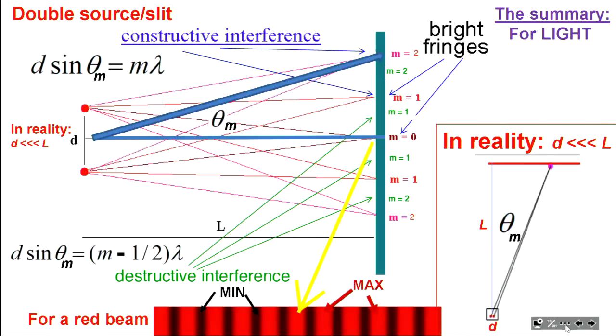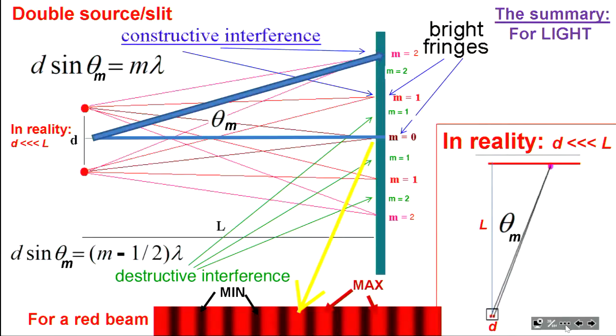Of course, this is a huge exaggeration. In reality, we could not see the difference between this and this. But they split. There is a distance between those sources. And light travels away, interferes. On the screen, we see maxima.